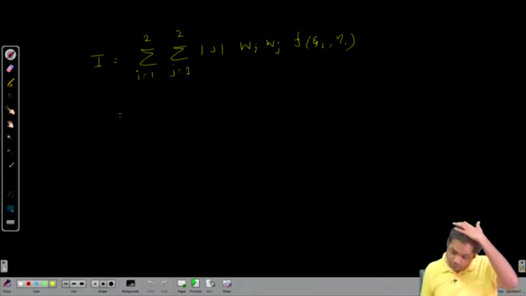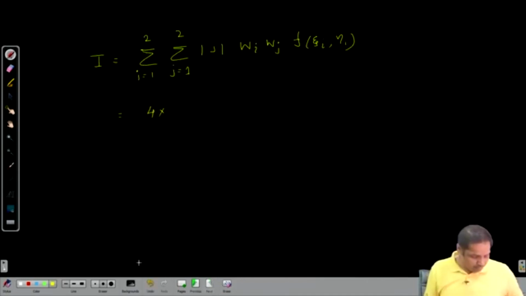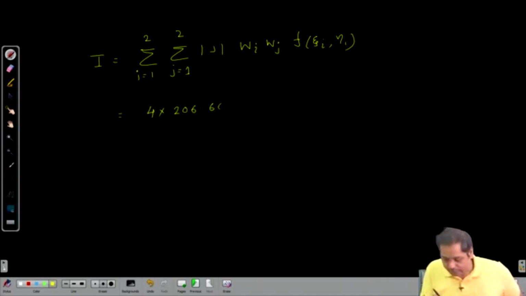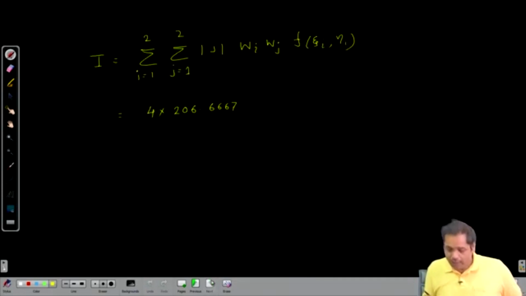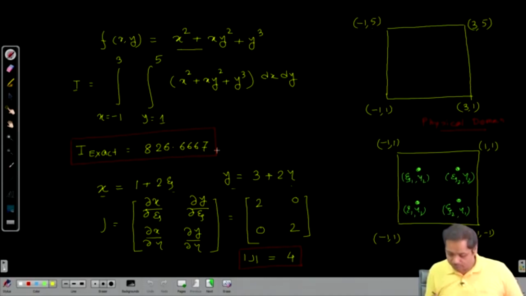Finally Jacobian is equal to 4, as we have seen, multiplied by 206.6667. 206.6667 means the summation of all these terms, and this gives us 826.6668, and the exact value was 826.6667.